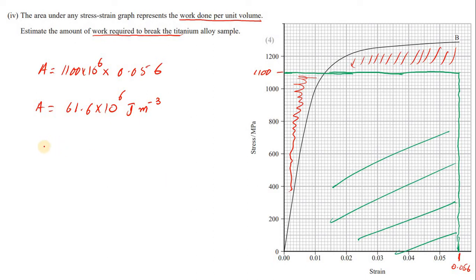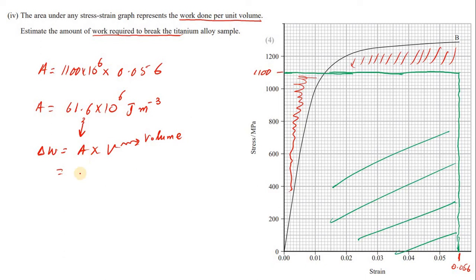So the total work done, delta W, is area multiplied by the volume, and area is that energy, remember.